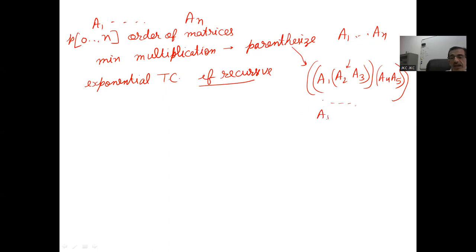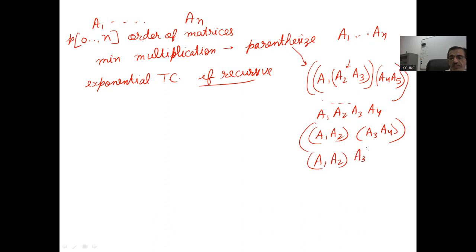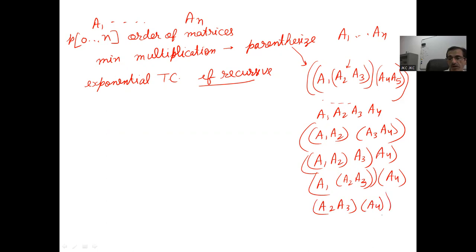Even if I have A1, A2, A3, A4, I can see a lot of choices: A1, A2 as one, A3, A4 separate, or A1, A2 first, then A3, then A4, or A1 only, then A2, A3 multiplied with this, then A4, or A2, A3 first, then multiplied with A4, and then with A1.